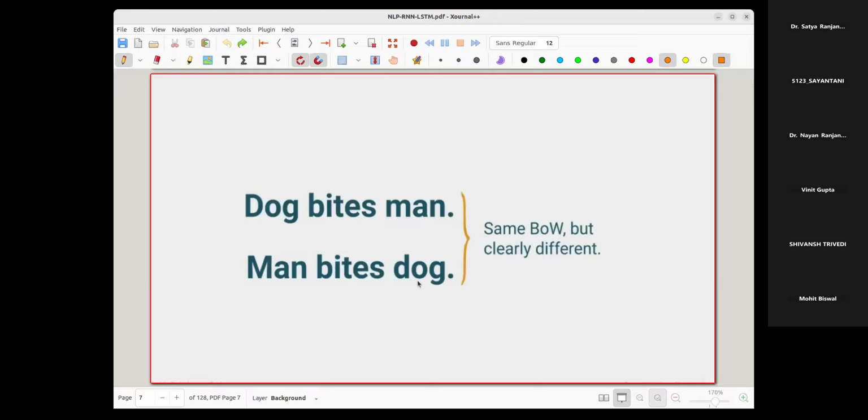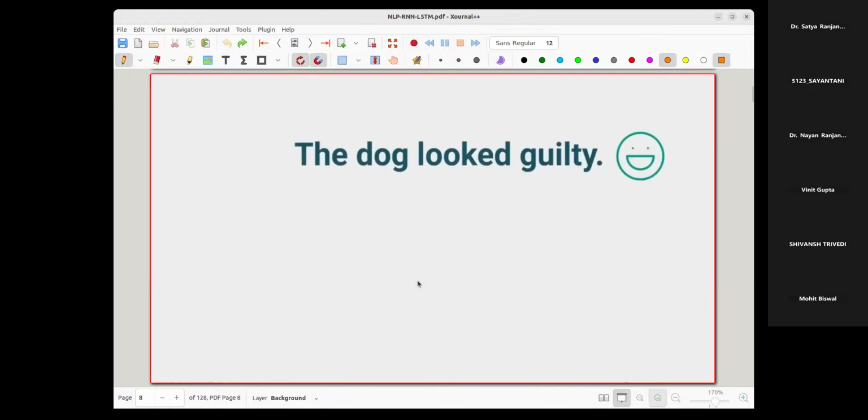The representation for both documents will be the same. Now, if it is the same, then the meaning cannot be different. Okay, so the question here is that in order to understand the meaning of the whole sentence, you need to process the words sequentially one after another. That means word order matters, because dog bites man and man bites dog have totally different meanings.